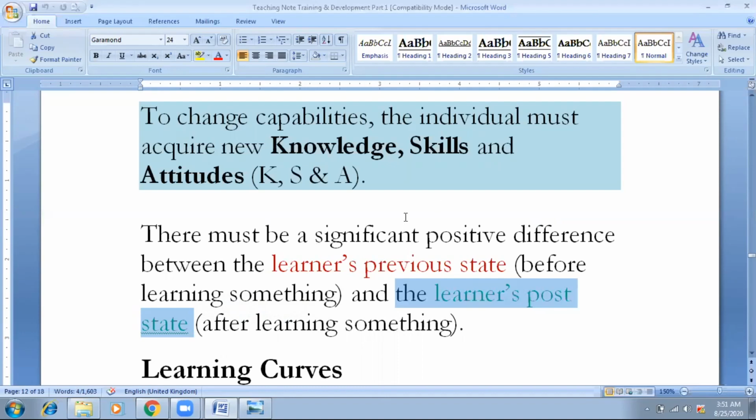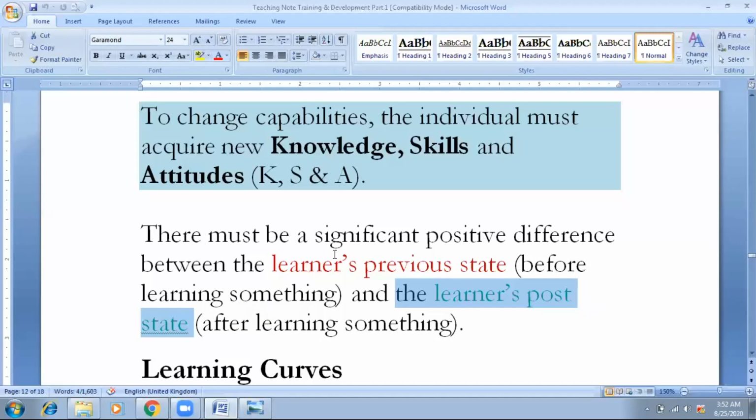So assume before listening to me regarding this training and development, you didn't have this knowledge. You didn't know the definition of T&D, and you didn't know the difference between knowledge and skills.